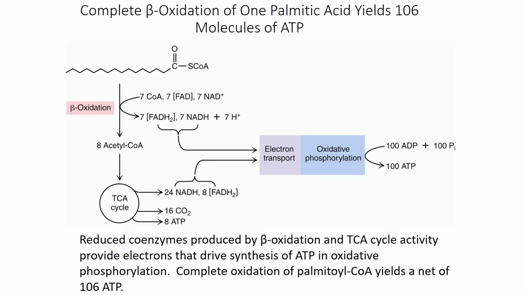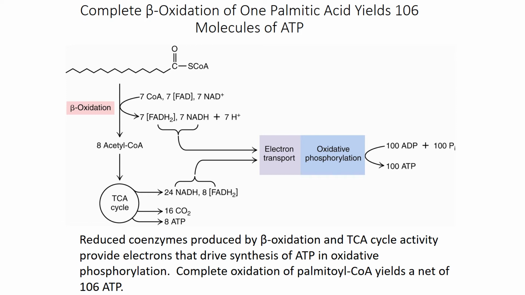And lastly, we're looking at the beta oxidation of 1 palmitic acid fatty acid. So this is just to emphasize the number of ATP molecules that are generated with beta oxidation. So if you remember, palmitic acid is a 16-carbon lipid or fatty acid.